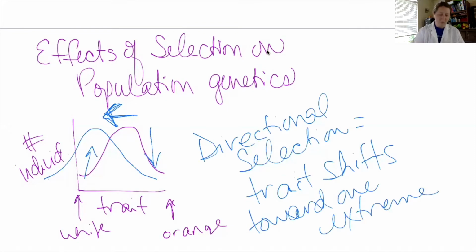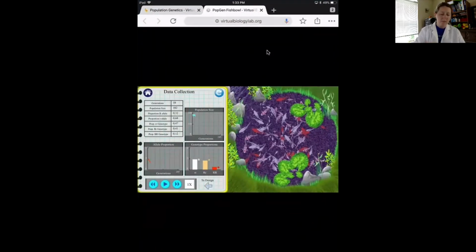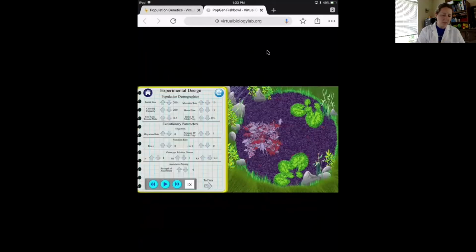Okay, so now let's see what would happen if we selected for something else. We're going to reset our population here. This time, let's set our big R back at 1, and our heterozygote is going to be selected against. So we'll put that at 0.3, and let's see how that affects our population.